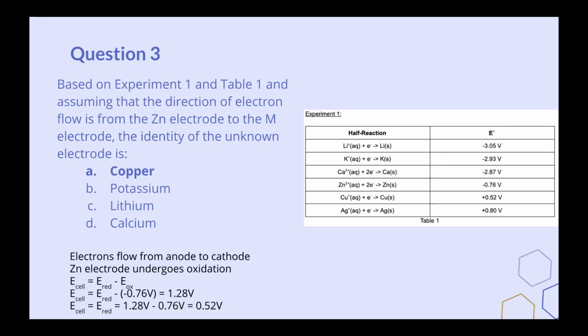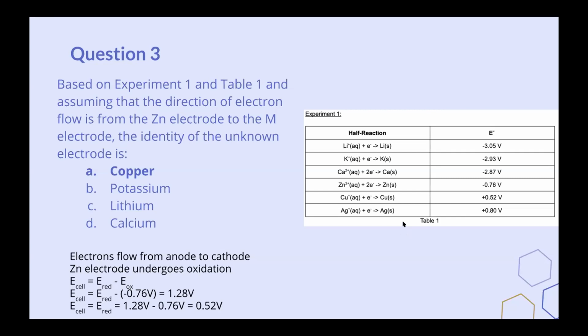Using the equation E cell equals E reduction minus E oxidation, you can plug in the value for E oxidation, which is negative 0.76 volts, because like we said, the zinc electrode is the anode and it's undergoing oxidation. And E cell, which is 1.28 volts. So plugging those numbers in, you can find E reduction. And that gives us 0.52 volts. And to match that number with table 1, we know that copper would be our cathode.